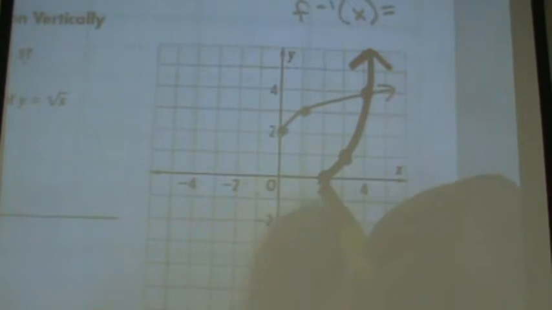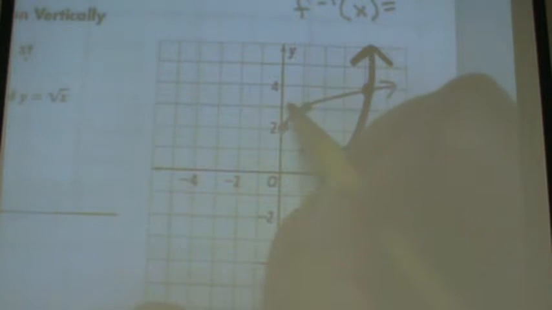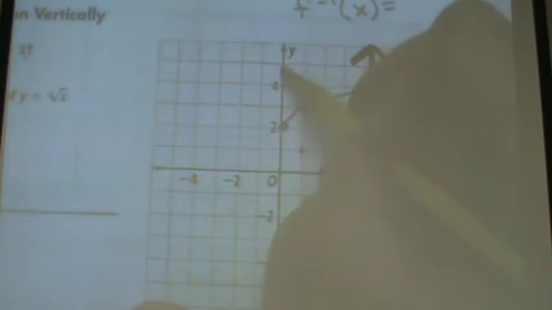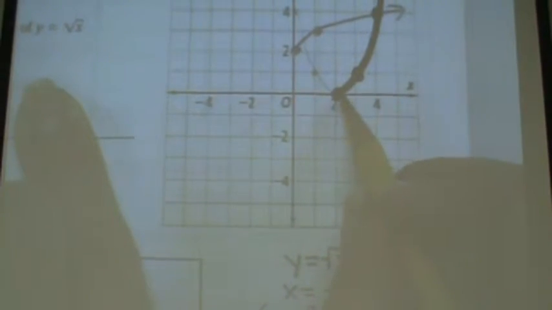This is normally what y equals x minus 2 squared looks like, this whole thing. But by restricting the domain and the range, look at our domain and range, see if it matches.